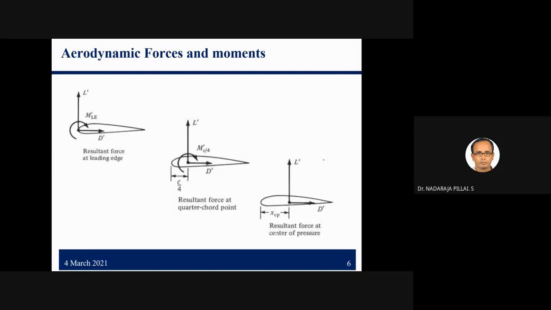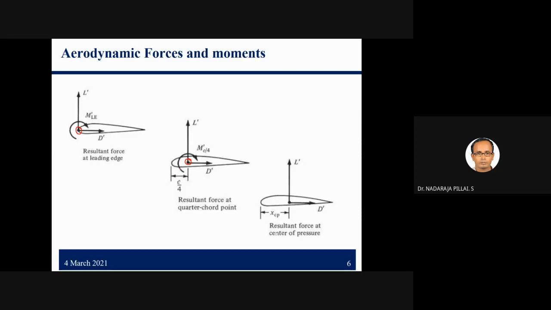So we can consider the equivalent ways of specifying the forces and moments system in the airfoil. Let's see, the first one, the resultant is placed in the leading edge, right? Do you understand the resultant is placed in the leading edge? Now the resultant is placed at the quarter chord point.